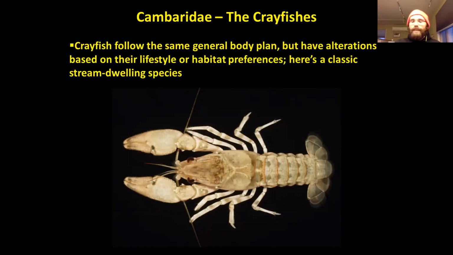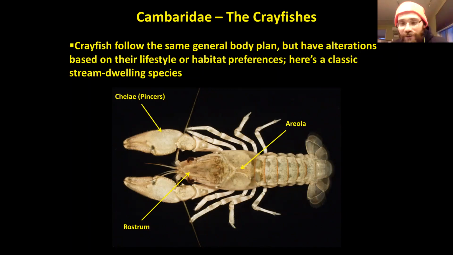So the first thing we're looking at are the chelae or the pincers. The next thing we're going to look at is the rostrum. Then we have the areola, or the areola, as the crayfish biologists like to say, because they think areola is a dirty word. And then the cervical spine.